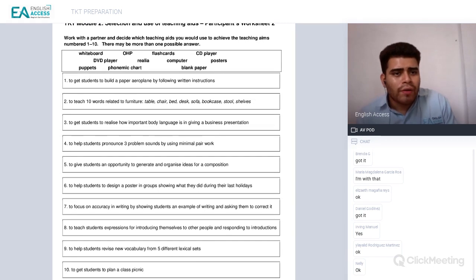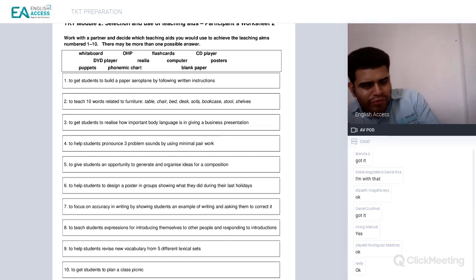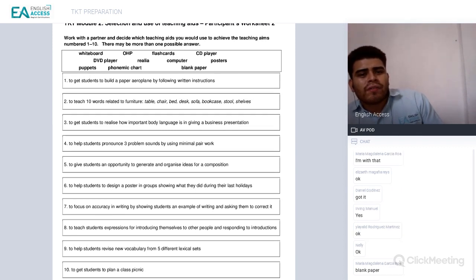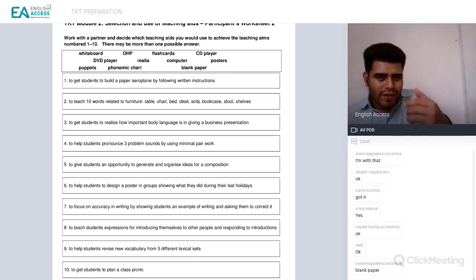So let's look at number 1. Number 1 is pretty simple. To get students to build a paper aeroplane by following written instructions. We have a whiteboard, OHP, flashcard, CD player, DVD player, realia, computer, posters, puppets, phonemic chart, and blank paper. Exactly.